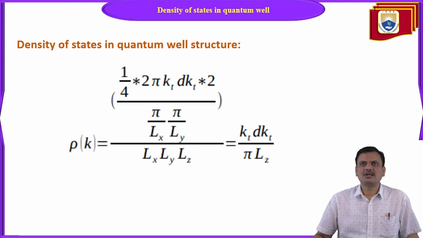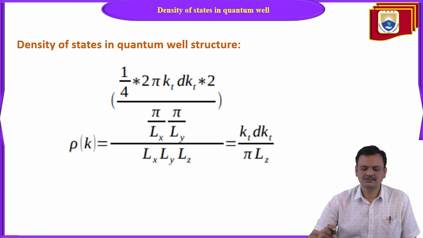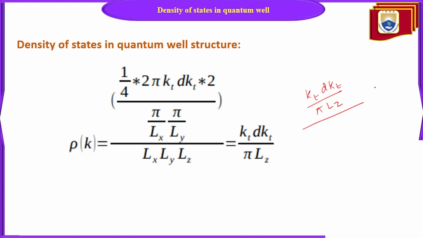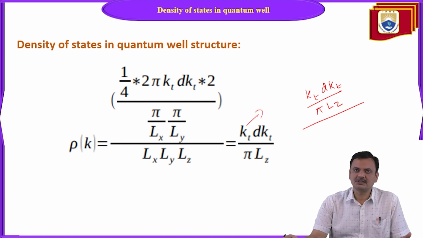What we derived in my last video lecture, the density of states in quantum well structure, is in terms of kt, dkt upon pi upon Lz. This expression is in terms of k.